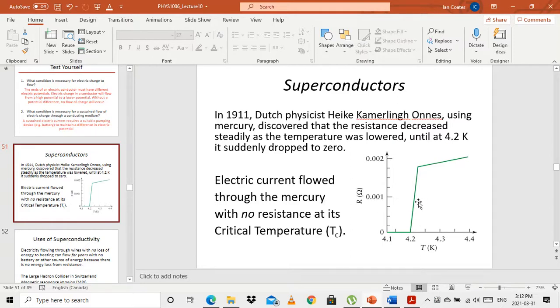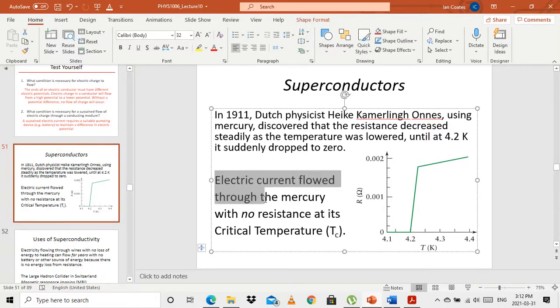It's like there is nothing there. The electrons flow with zero resistance. Electric current flows through the mercury with no resistance, and we call this, a good word, critical temperature. So every element will have a critical temperature. It's like density. It's a property of an element.